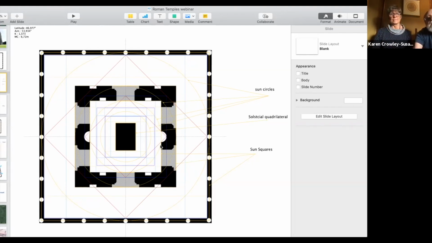And you can see that the sun circle gives the dimension of the inside of the square. And then if you multiply by root of 2, you can get also the second circle, and that gives the outer square, the outer walls, okay?